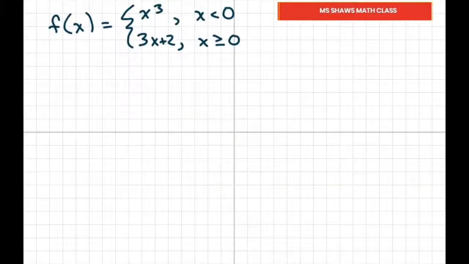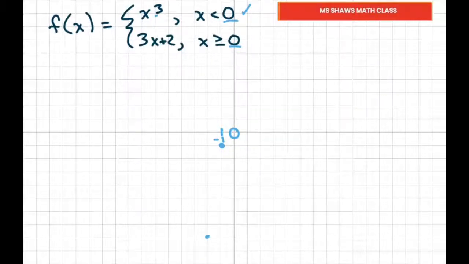So let's graph it. First thing I want to do is graph my c portion at 0. You plug in 0 for this first part, and you get 0, but it can't equal it. Now let's plug in -1. You plug in -1, that's going to be -1. Plug in -2, that's going to be -8 down here.